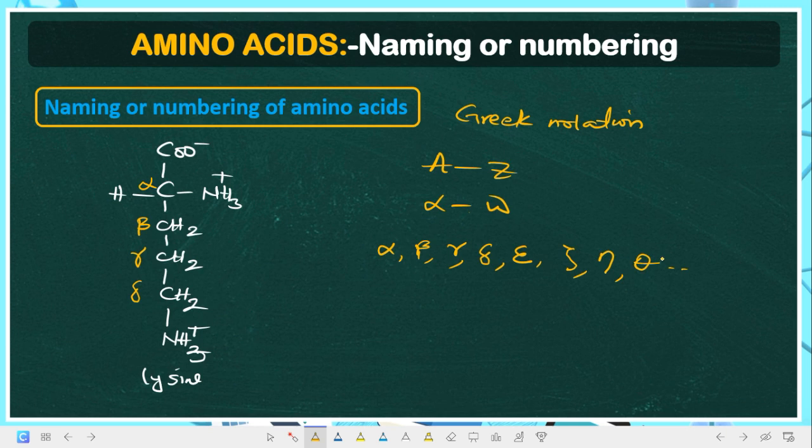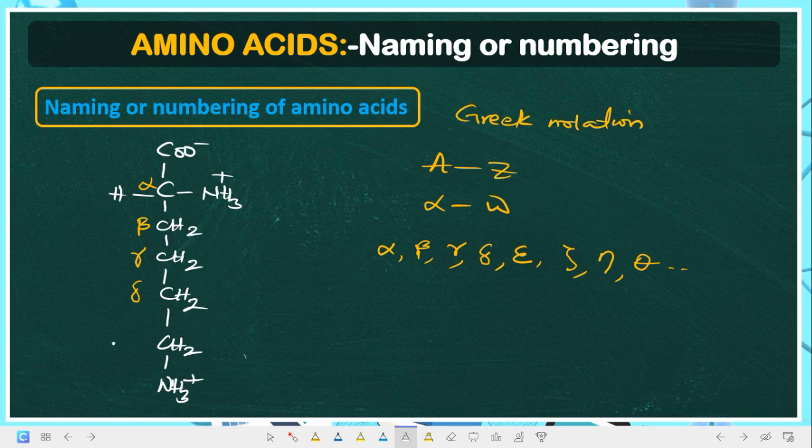So any amino acid, no matter how long it is, follows this precept. We have the alpha. Then after the alpha carbon, we have the beta carbon. After beta carbon, we have the gamma. Then we have delta, etc. So that is how to number the amino acids. So this is the correct structure.